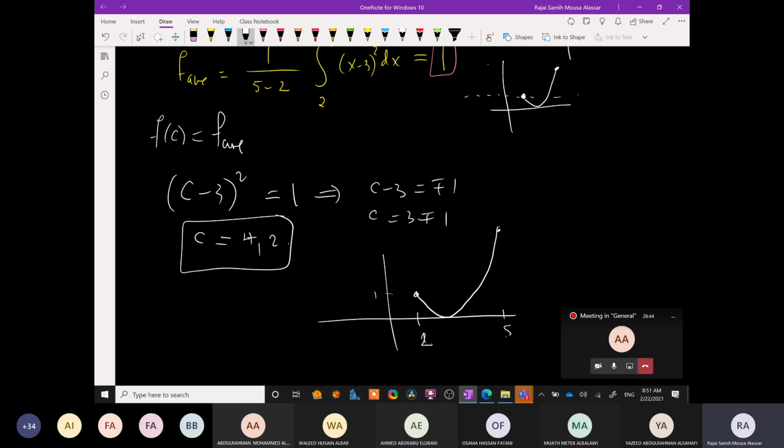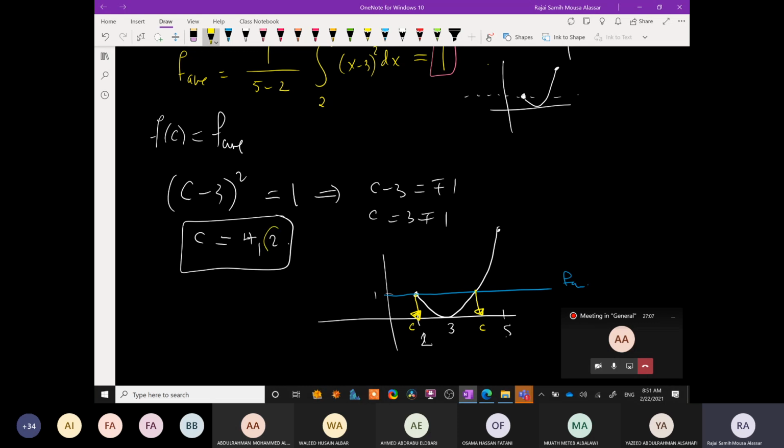And at 3, you hit the ground. So this is my average value. This is f average. And these are the values of c. So this is one of them. And this is the other one. So this is c, this is c.